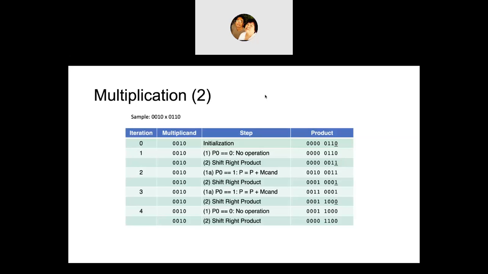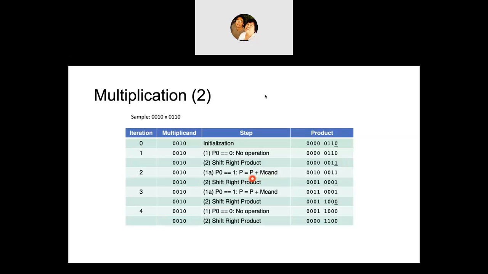Next, we do it again, checking the product zero, and this time it's 1. When it is 1, we have to add the left half of the product with the multiplicand.